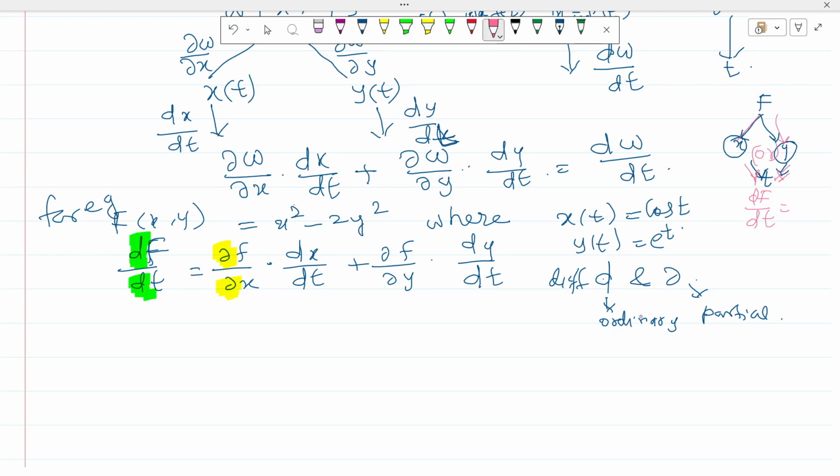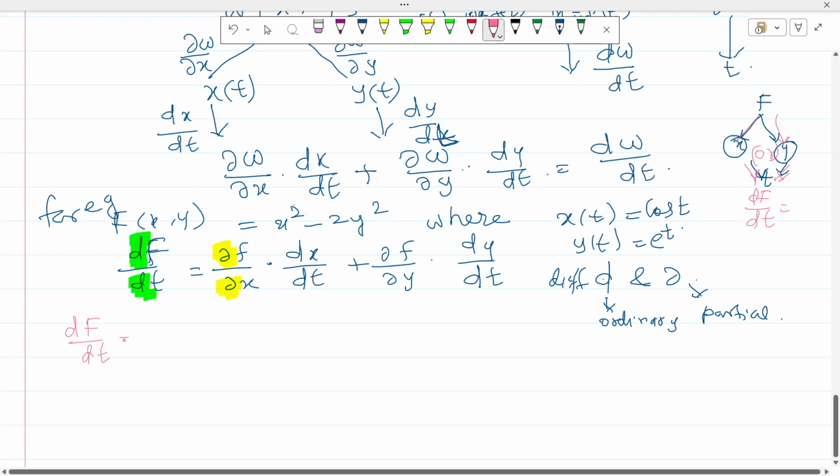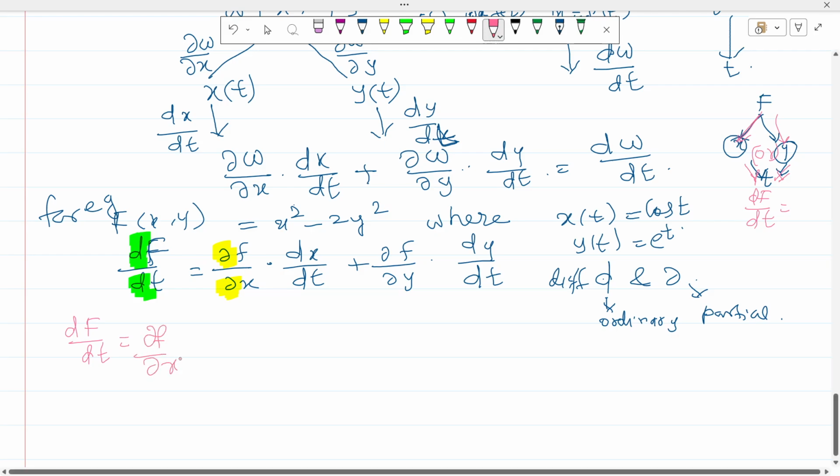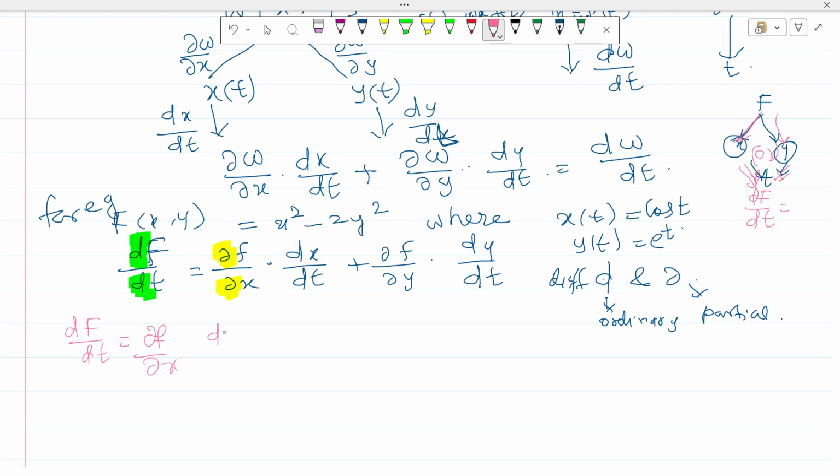So df by dt equals, first I differentiate with respect to x, dou f by dou x, and then I differentiate x with respect to t, that means dx by dt.